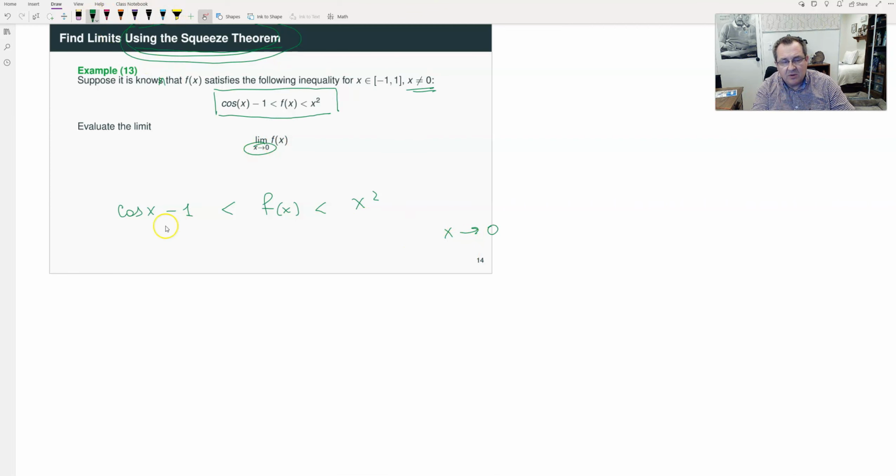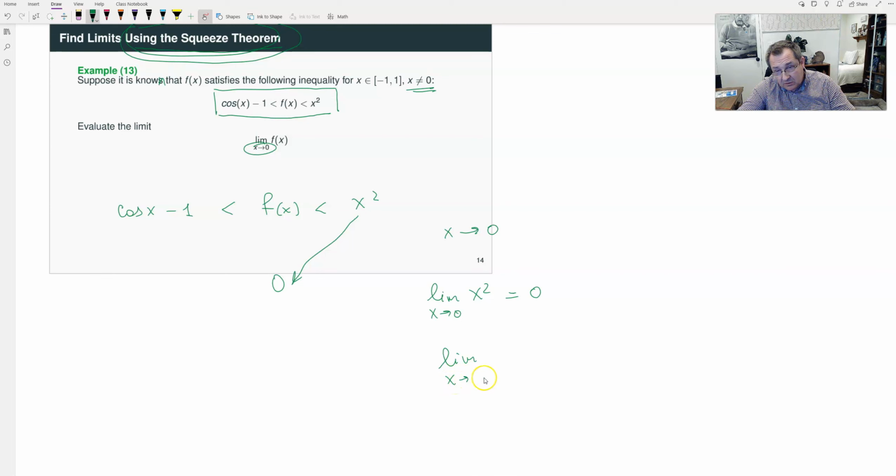As x approaches 0, what can we tell about the right side? Well, we know x squared will go to 0. That's a very simple limit. The limit of x squared as x goes to 0 equals 0. Now, what about cosine of x minus 1?